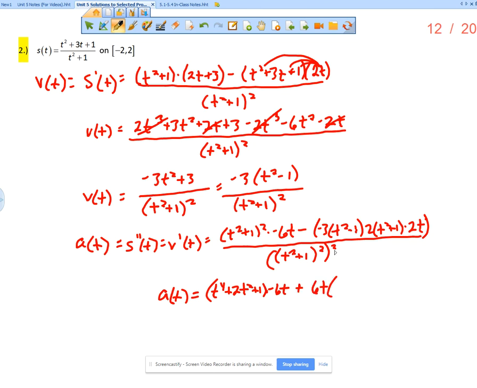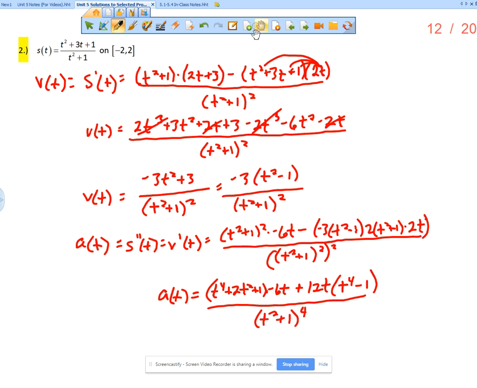I had another 2 there, a 2 and a 3, so that's actually going to be a 12t. Then I've got the t squared minus 1 and the t squared plus 1, so if I multiply those out, I get t to the fourth, and then minus t squared plus t squared, and then minus 1. All of that in the numerator, and the denominator, like I said before, is t squared plus 1 quantity to the fourth.